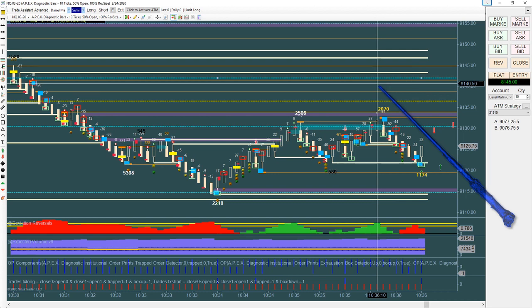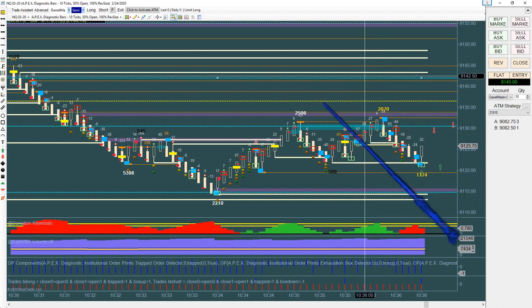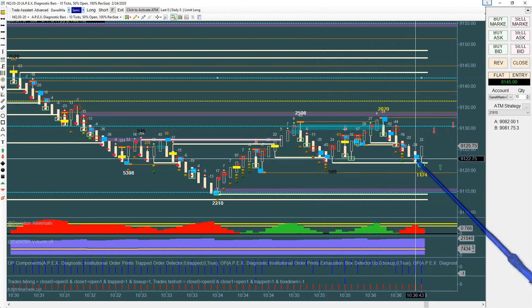What do we do now? We got a long. Bottom of range. I would take the trade because of the range. Like 1, 2, 3. Yeah, we're at the bottom of a range.